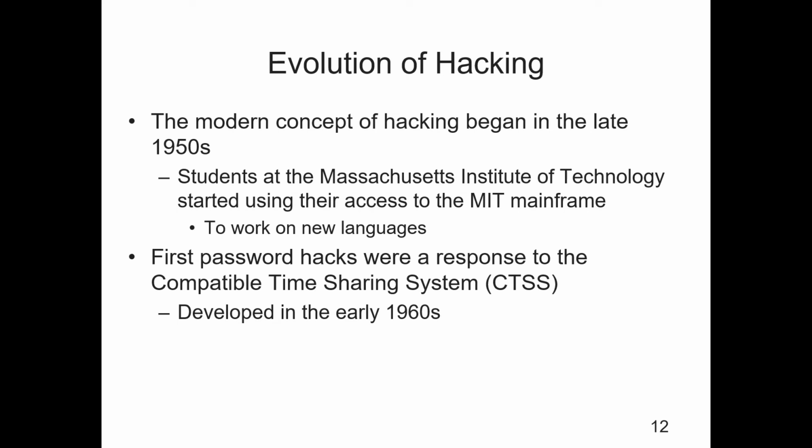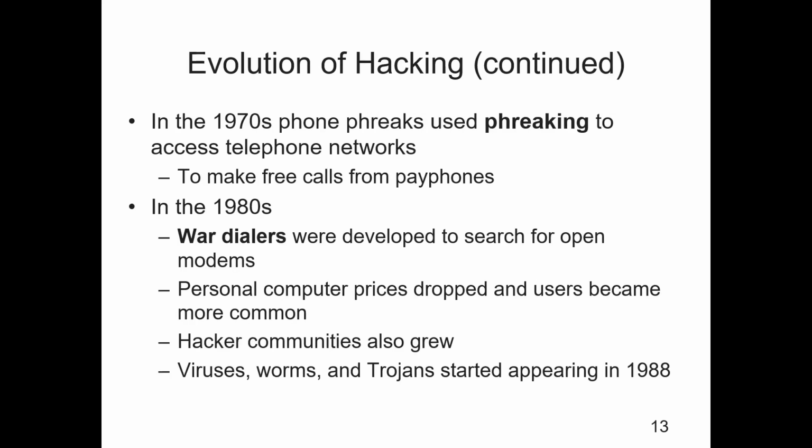The first password hacks were a response to the Compatible Time-Sharing System developed in the early 1960s. In 1970, phone freaks used phreaking to access the telephone networks to make free calls from payphones. It was a luxury at that time, quite expensive. So they penetrated those PBX exchanges just to make free calls.